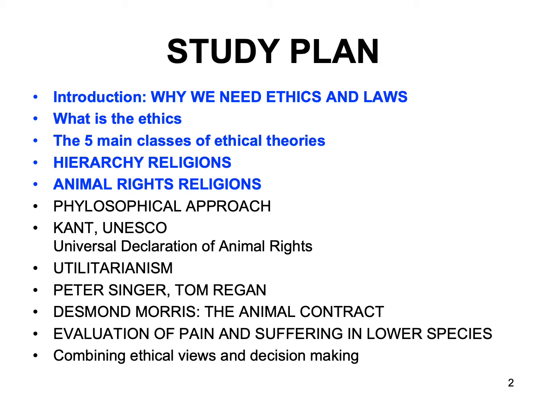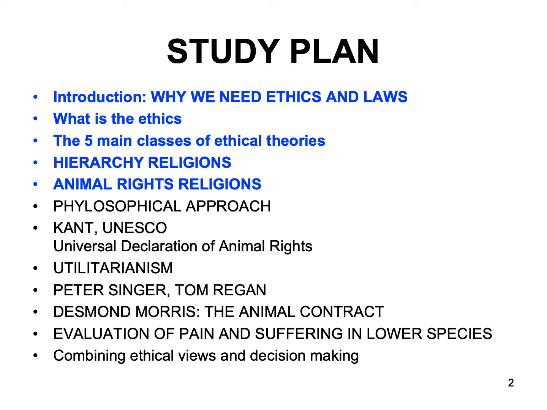After that, we will see the two main directions of the approach to animals. The one is the hierarchy approach, and we will see the religions which have used, and even today are using, the hierarchy approach between humans and animals.